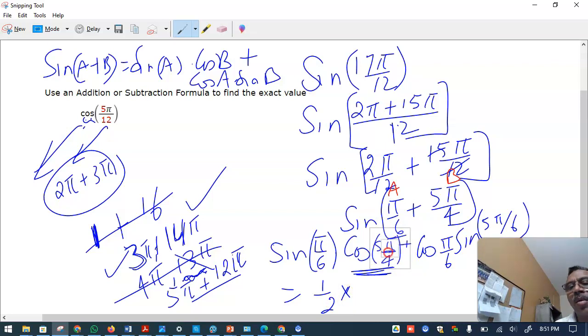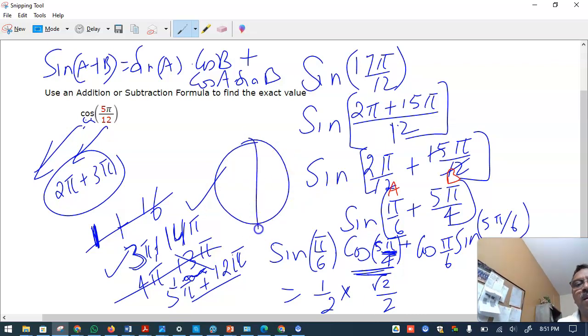The reference angle is pi by 4, so it is root 2, but which quadrant are we talking about? 5 times means your angle's terminal side is 1 pi by 4, 2 pi by 4, 3 pi by 4, 4 pi by 4, 5 pi by 4. So that's in the third quadrant, cosine is negative. So this has to be negative. Then plus cosine 30 is root 3 over 2.